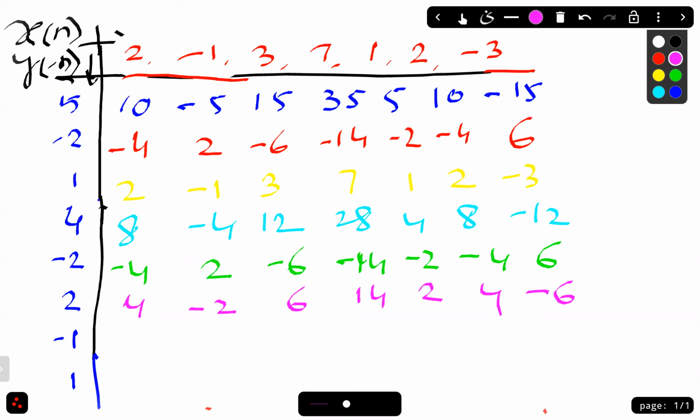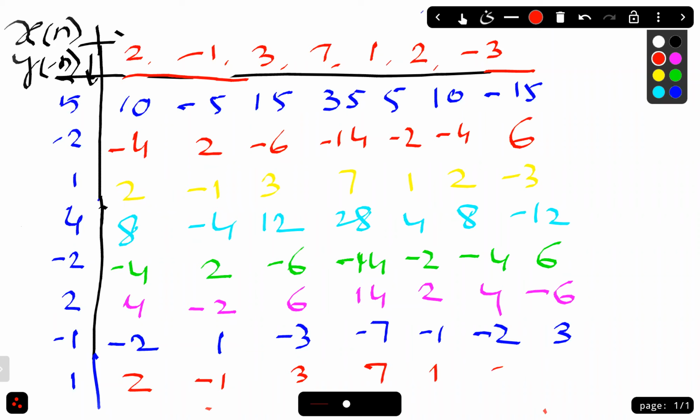Okay, and next again we have minus 2, then 1, minus into minus plus, it is 1, so minus minus 3, and again minus minus 7, then minus 1, then minus minus 2, then again 3, right? And lastly we have 2, minus 1, 3, 7, then again 1, 2 and minus 3. Hope everyone has understood this.